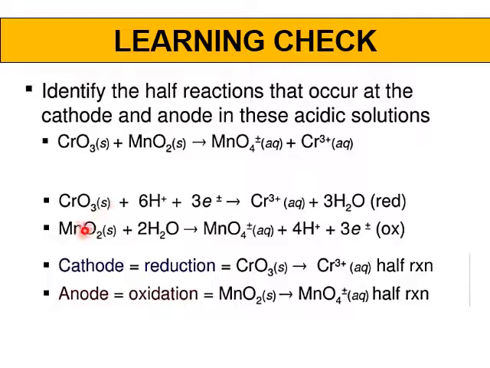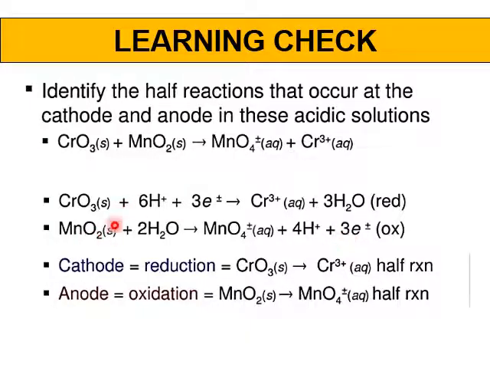Meanwhile, in the second equation, we have manganese dioxide to become manganese tetraoxide. So if you look at here, for example, MnO2 to MnO4, what you have to put here first is, let's say you put 3 electrons here.